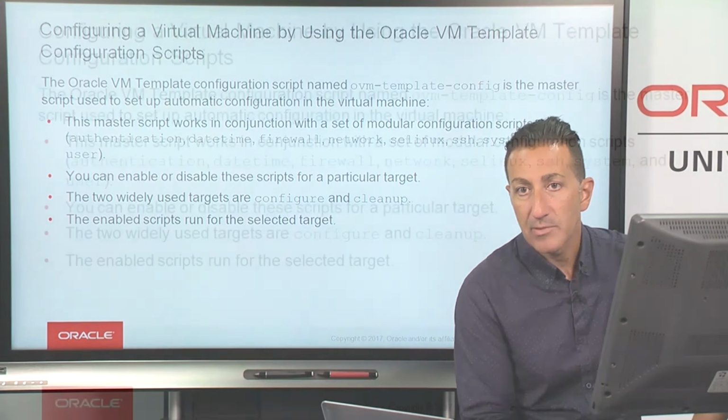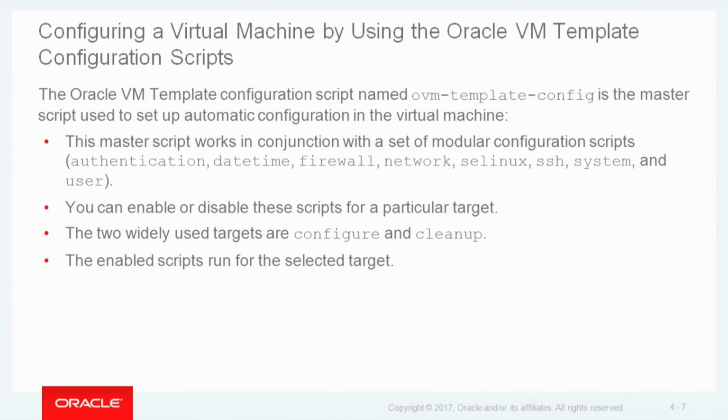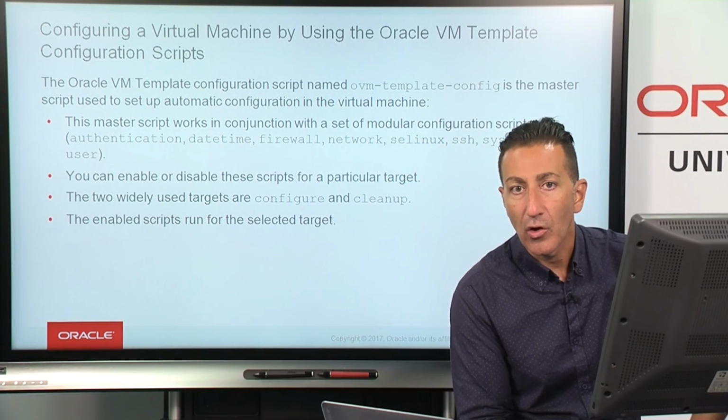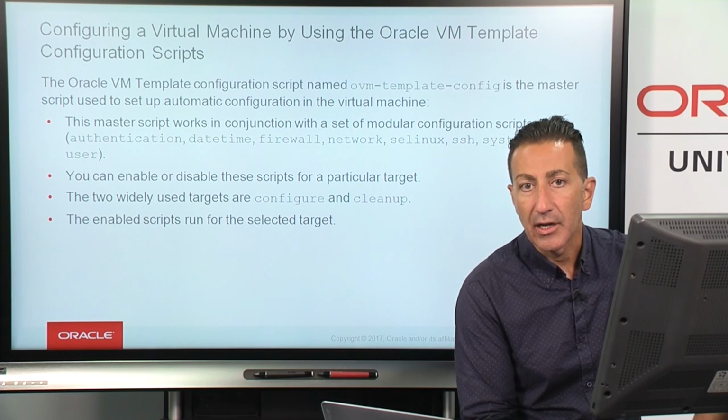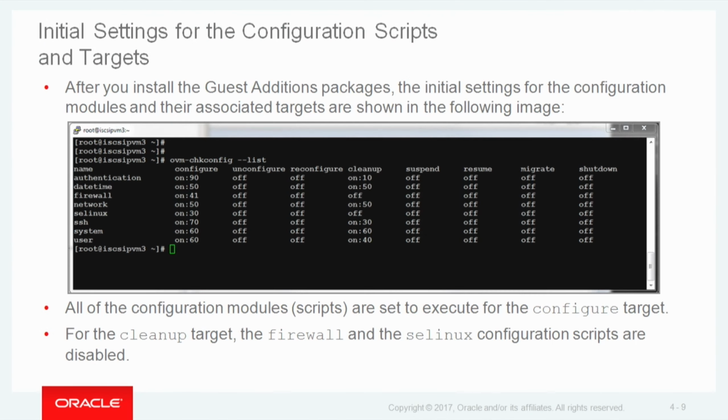Configure is invoked typically when you execute the first boot. You start the VM for the first time, and cleanup is, for example, if you want to reset the VM to be started as the starting point in which you should be asked again to provide information for all of these different steps. And the enabled scripts run for the selected target.